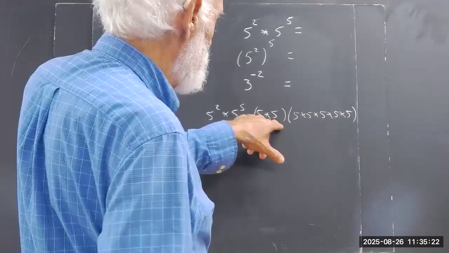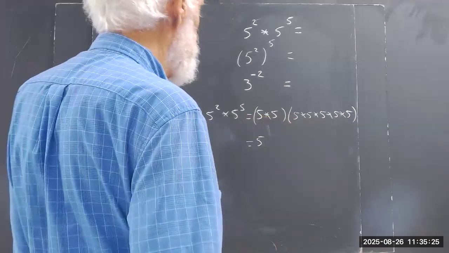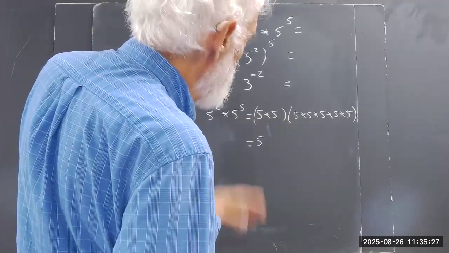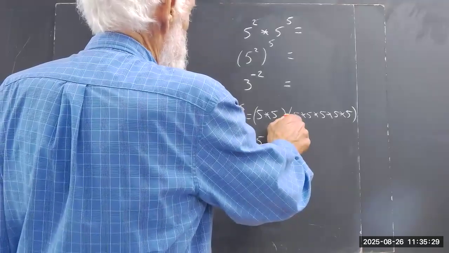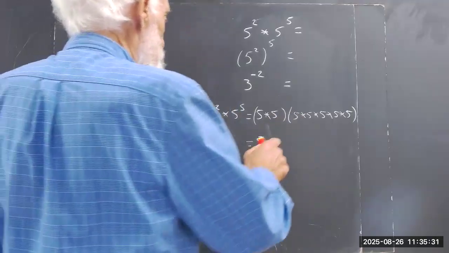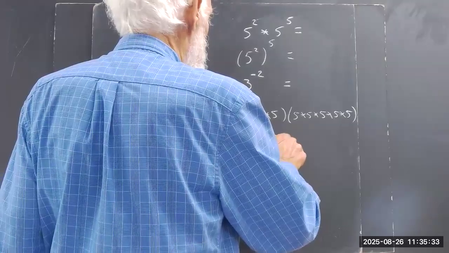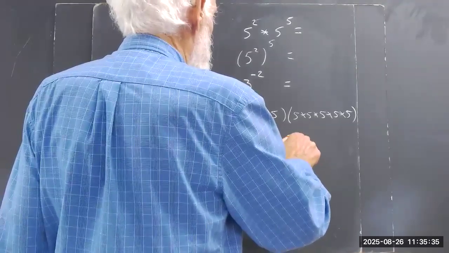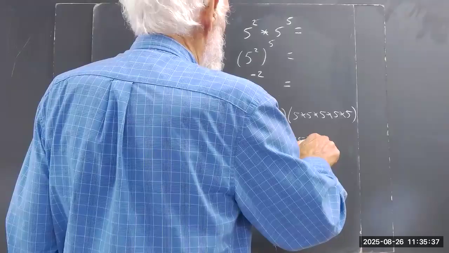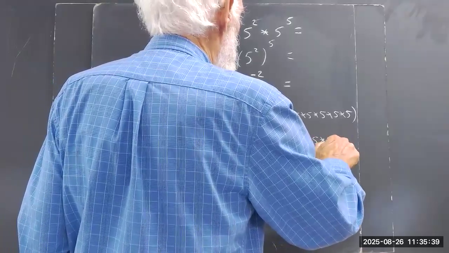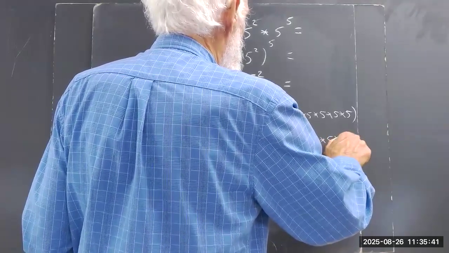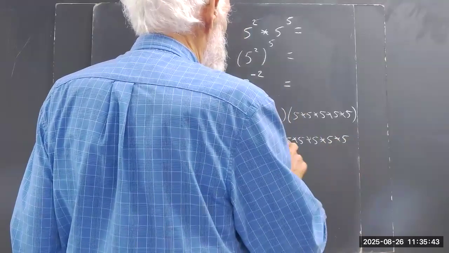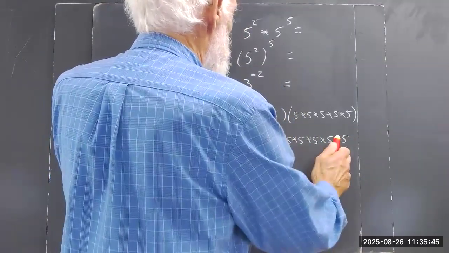I've got parentheses here and parentheses here, but it's all multiplication. There's a multiplication between here and here. So I can write this as 5 times 5 times 5 times 5 times 5 times 5 times 5. There are 2 of them here and there are 5 of them here.